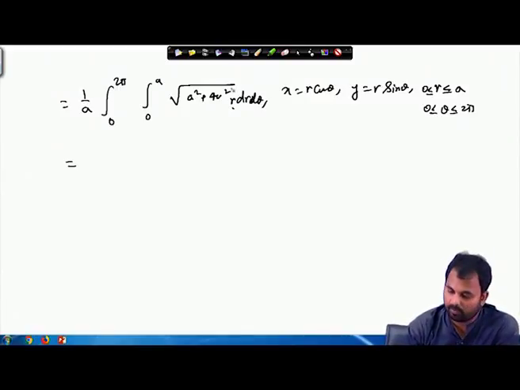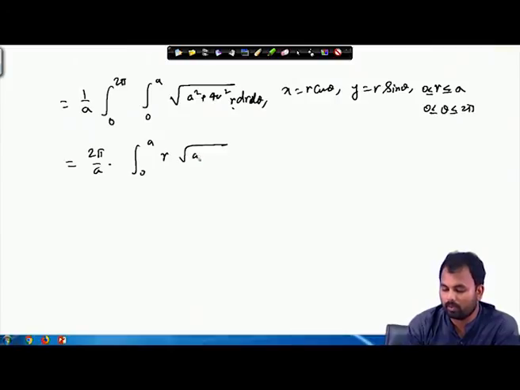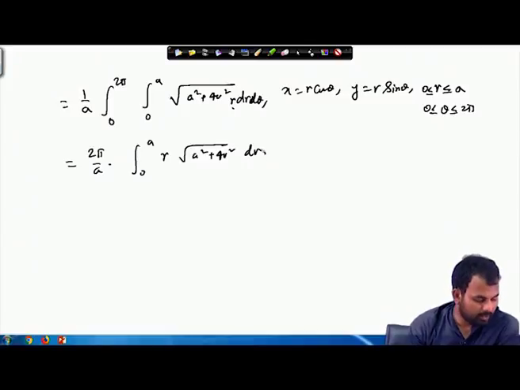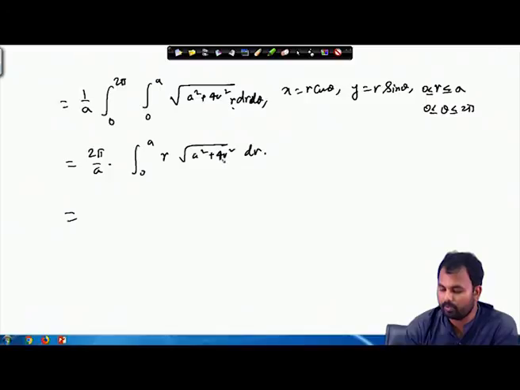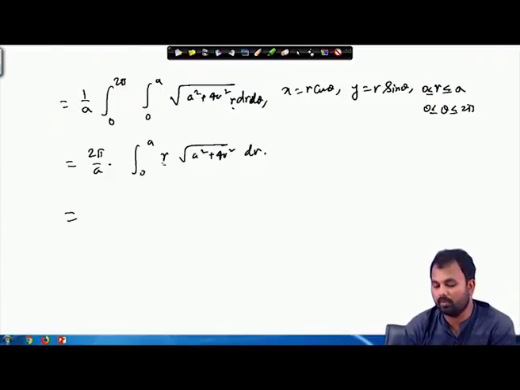So, this is the integrand, that is your Jacobian, that is your dr d theta. Now, if we perform, then basically we take d theta here. So, this will be 2 pi by a, and this will be integral from 0 to a r square root of a square plus 4 r square dr, and to calculate this integral we substitute r square equals to some z, then this will be 2 r dr equals to dz, and then we will use some integral calculus formula. So, calculating this integral is not difficult, you can do that on your own.